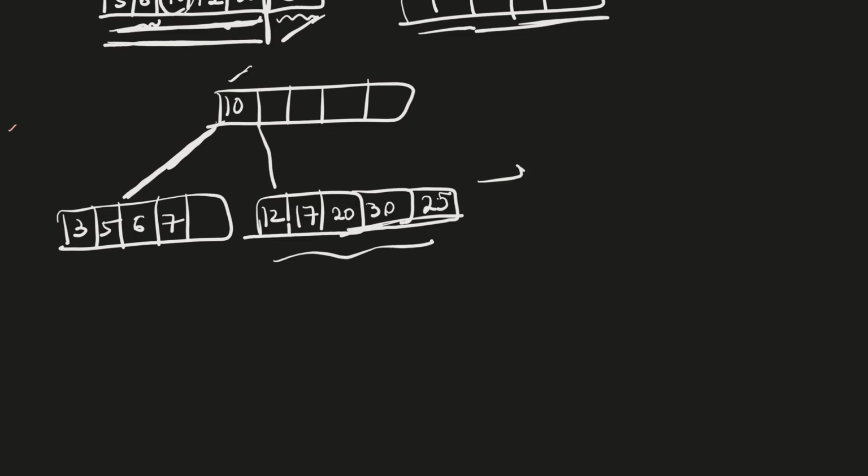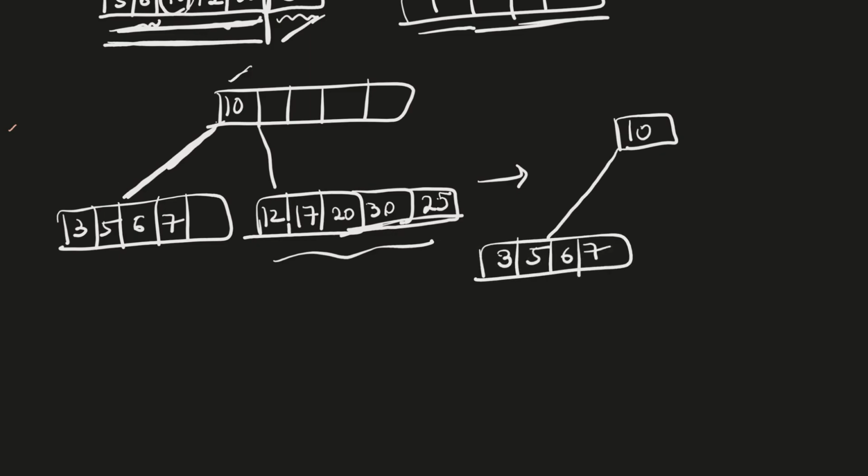So the final B tree looks like this. 10 over here, left of 10 there is 3, 5, 6 and 7, and right side of 10 we are having 12, 17, 20, 25 and 30. So this is our final B tree.